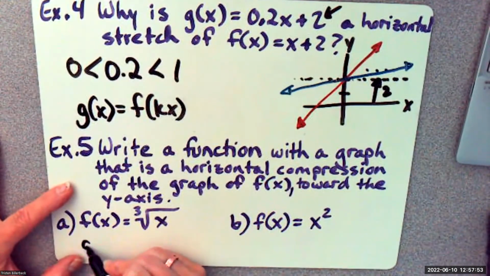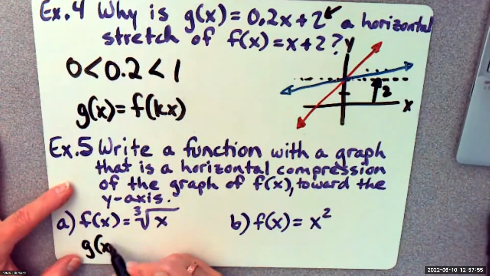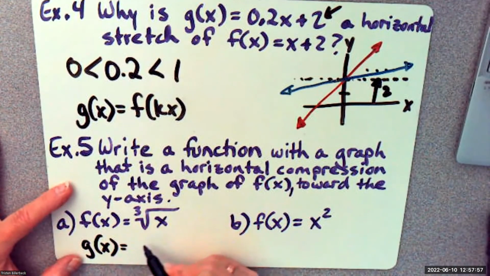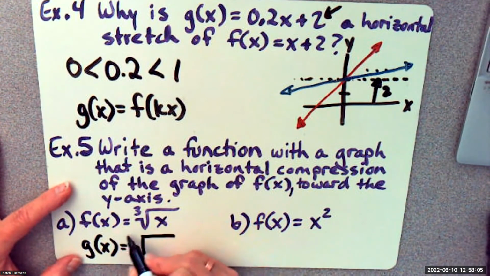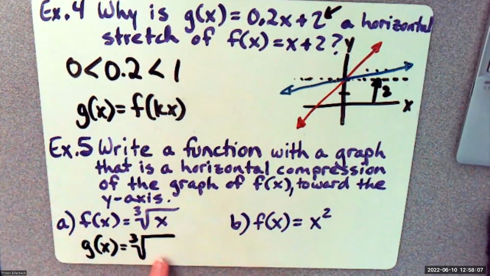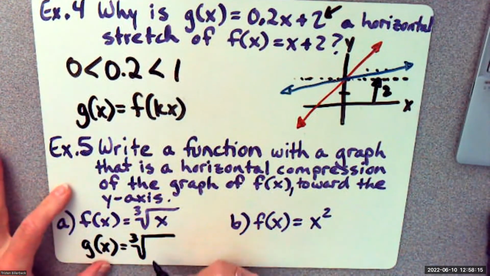So for our g(x), instead of having the coefficient out here, we're going to put the coefficient in here. So we're doing a compression.